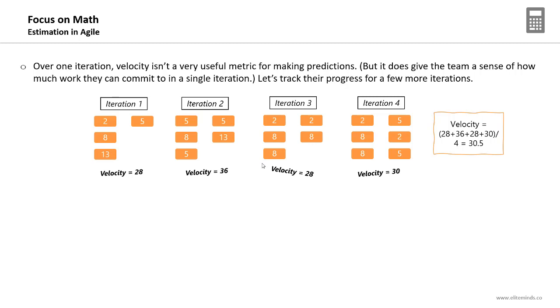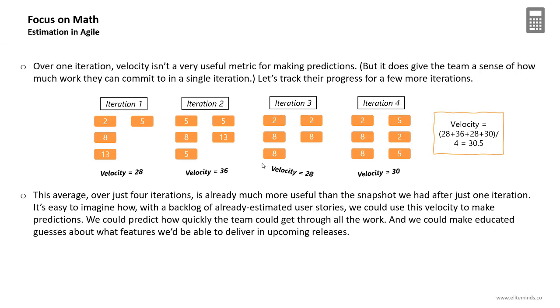So you can make predictions. You can expect when the project will be completed. The average over just 4 iterations is already much more useful than the snapshot we had after just 1 iteration. It's easy to imagine how, with a backlog of already estimated user stories, we could use this velocity to make predictions.